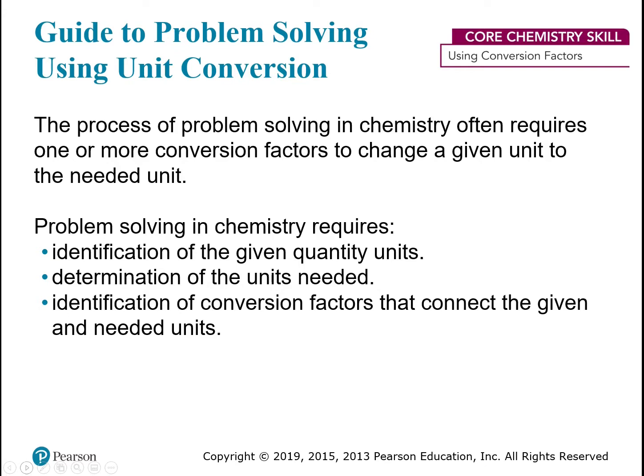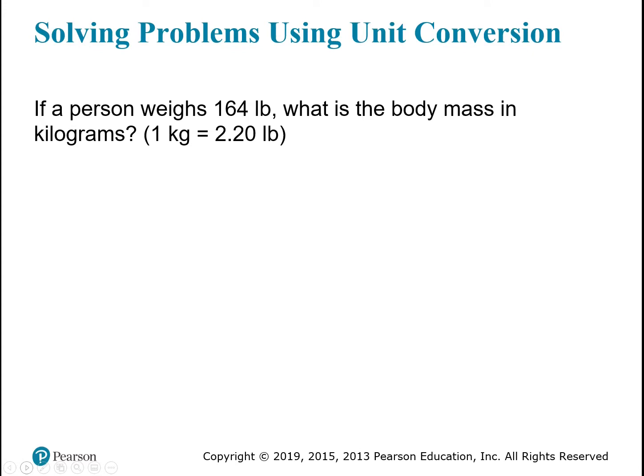Problem solving in chemistry requires the identification of the given quantity units. You need to determine the units needed, and then you can identify the conversion factors that connect those two quantities. So let's start solving some problems.